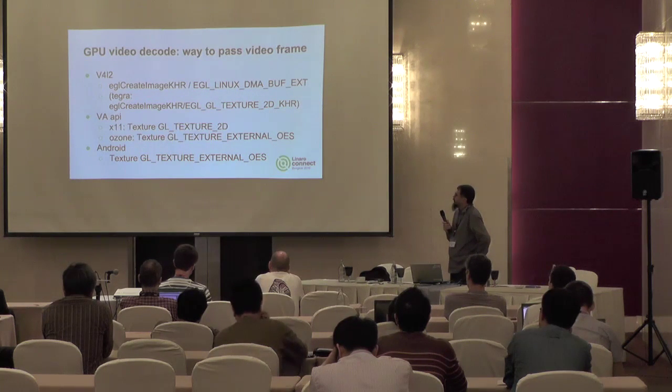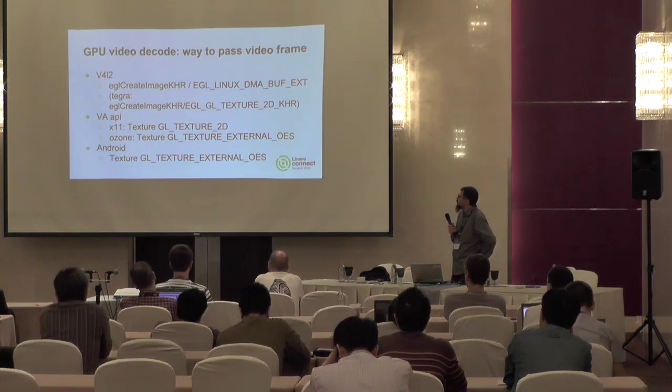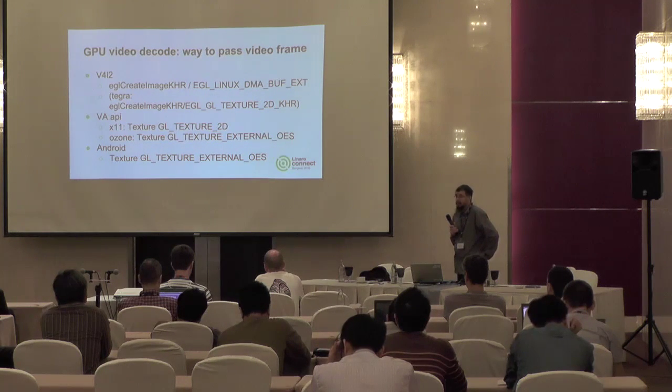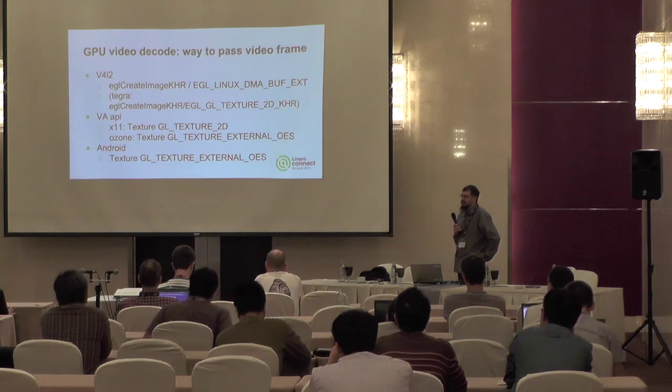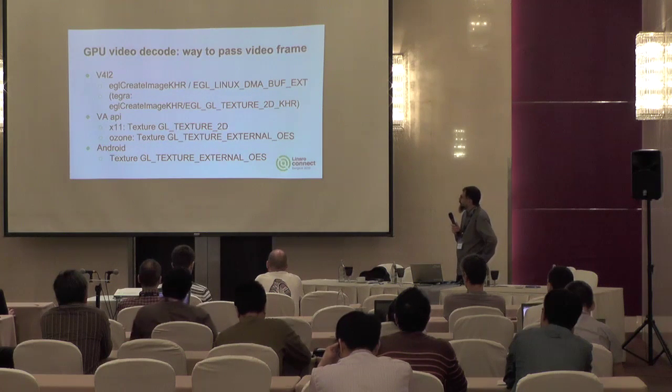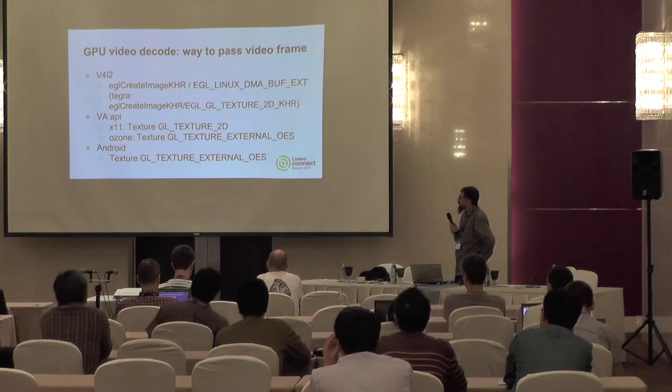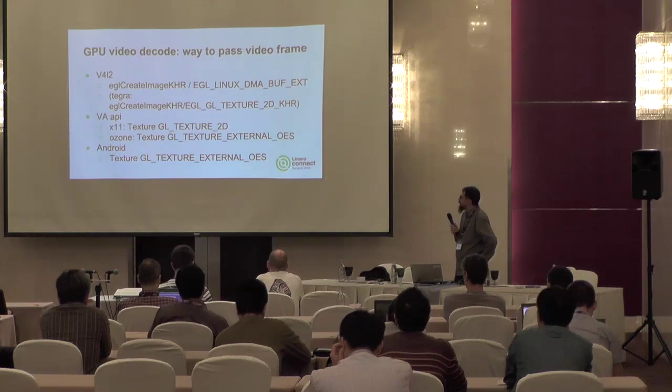For VA API, we have two ways to use it. One is by X11, where we just attach the buffer to the texture 2D. For Ozone, it's the same, but we attach the buffer to a texture external OES. For Android, we also attach the buffer to the texture, here with texture external OES.